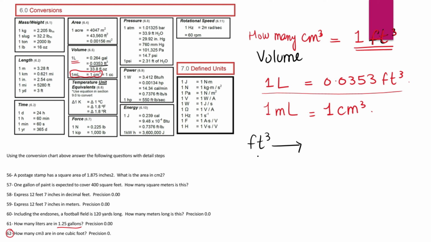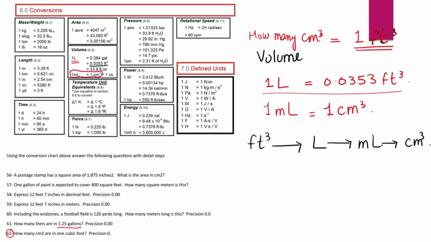We will first of all convert feet cube into liters. Then we will convert this liter into milliliter. That's the thing. It is very simple to convert liter into milliliter, and then we will convert this milliliter into centimeter cube finally.